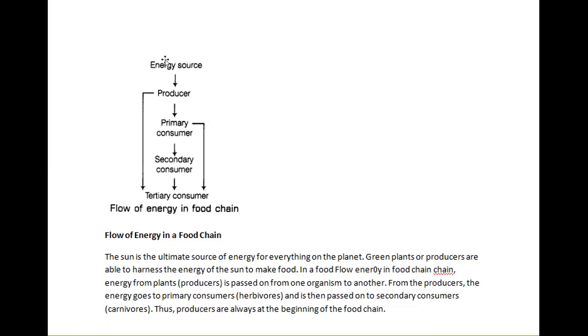The source of energy, let us take it as the sun. Plants produce the basic glucose, the food, and the primary consumer, that is the herbivores, consume the plant. The secondary consumer, that is the carnivores, consumes the primary consumer, and then the tertiary consumer.